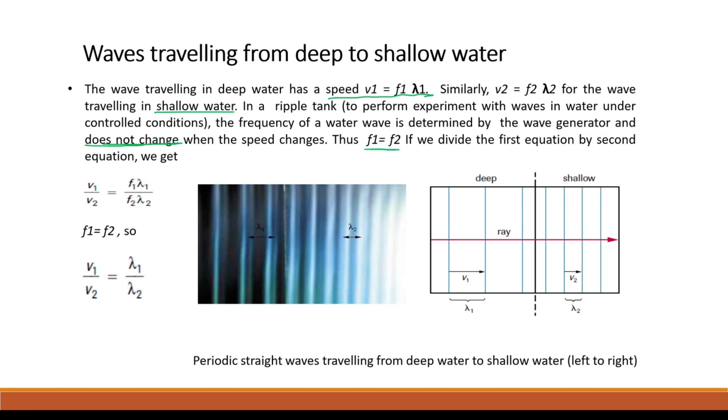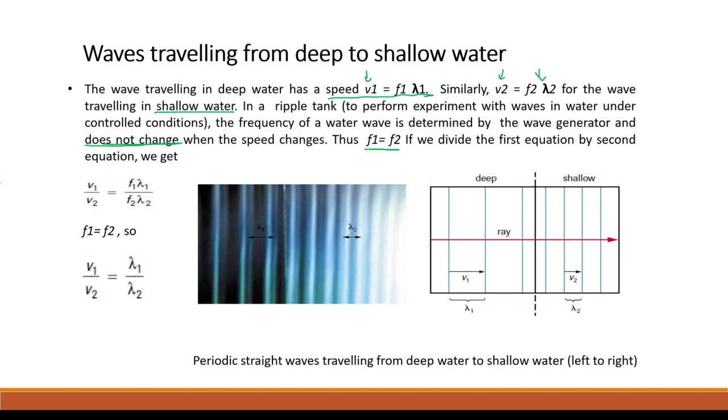So thus we can say f1 equals f2, and if we divide the first equation by the second equation, it looks like this. We do left side divided by left side and right side divided by right side.